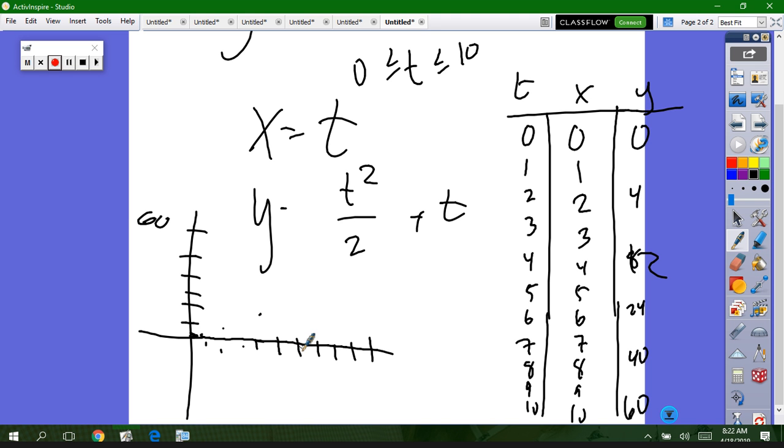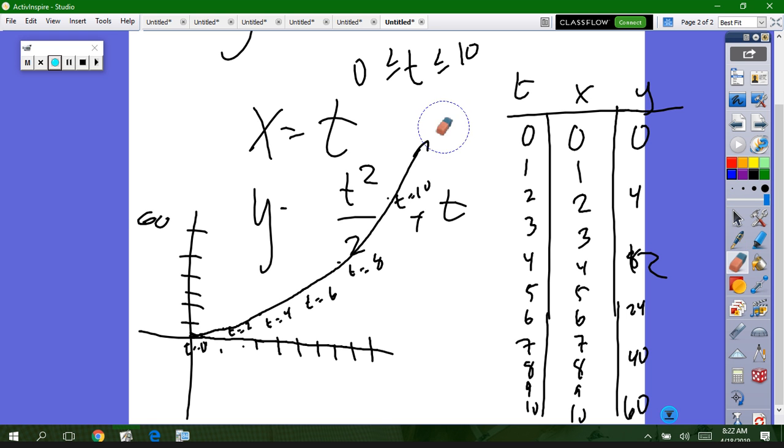What was 6 again? 24. 8 was 40. And then 60, right? So what we do here, though, is we put these values by it. Does that make sense? What we plugged in? Okay, and then we connect them. Actually I stopped right there because I was only going to that part.